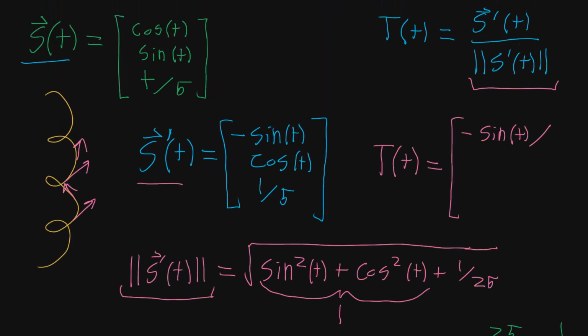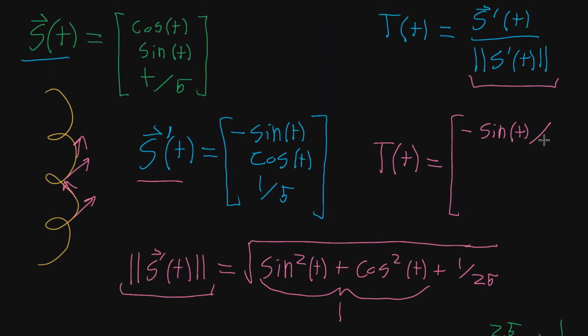So we say we're dividing this by root 26 over 5, that whole quantity. And then similarly, the y component is cosine of t divided by the quantity root 26 divided by 5. And the last part is 1/5.